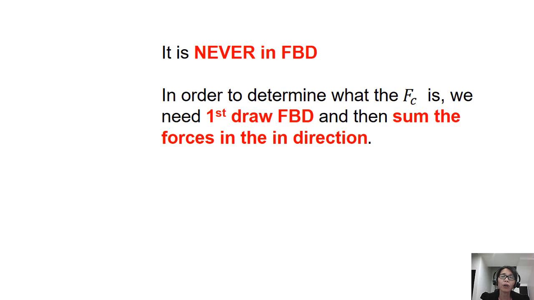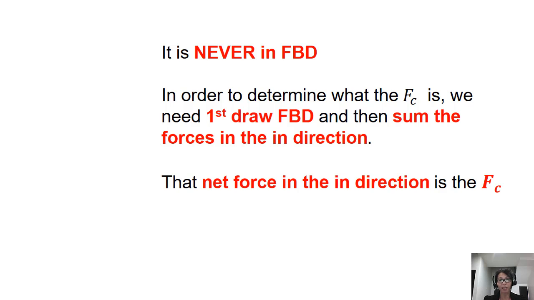But class, in order to solve any problem related to circular motion, we have to be able to identify what the centripetal force is in that particular situation. To do that, we first draw the FBD and then sum the forces in the direction. The sum of these forces, the net force in that direction, will be our centripetal force.